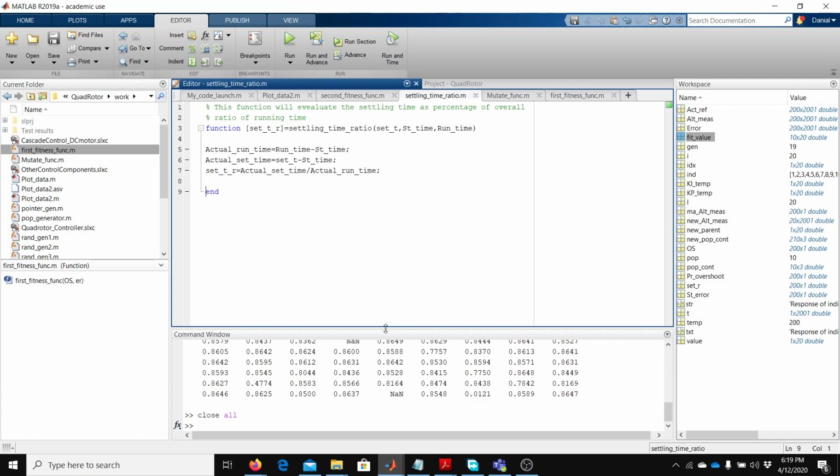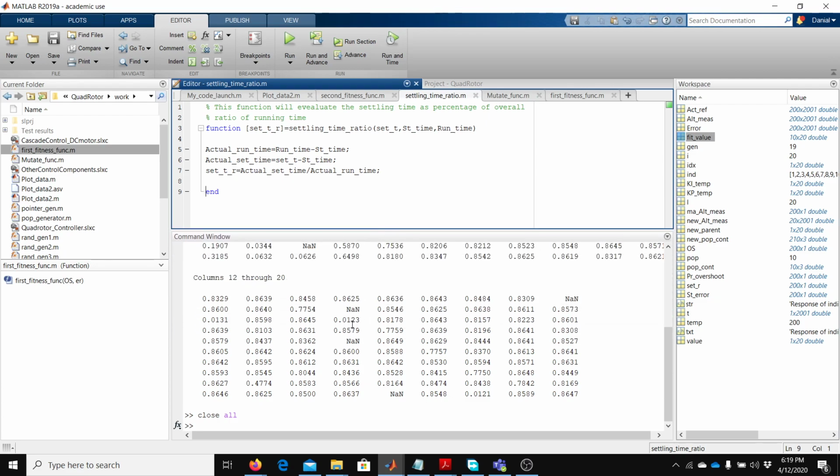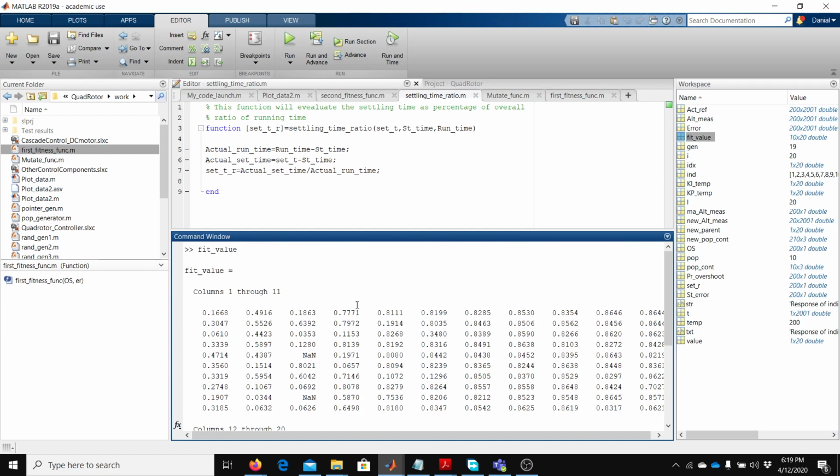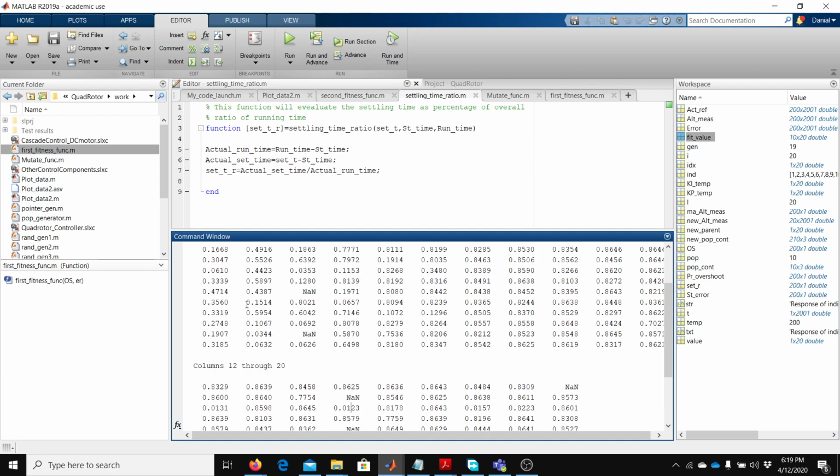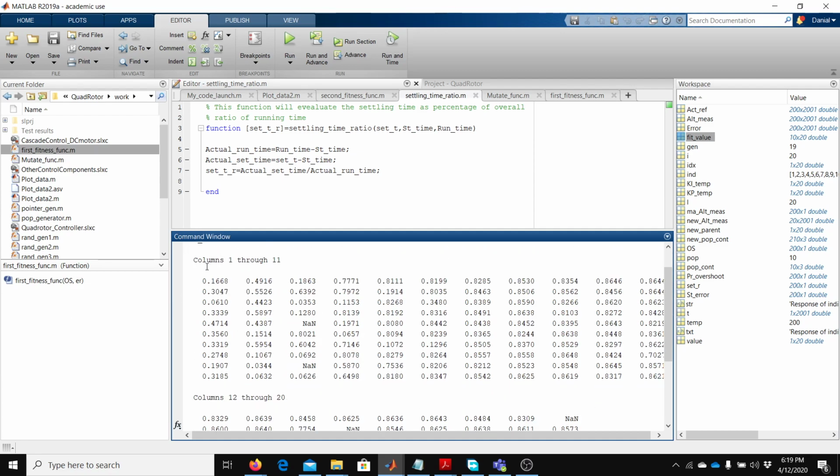I did a run for this, and what you can see right now is that we were able to get a population as seen before, but now the generations are 20. So we have created 20 generations with a population of 10.